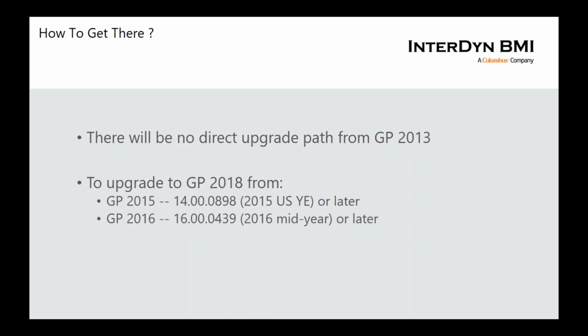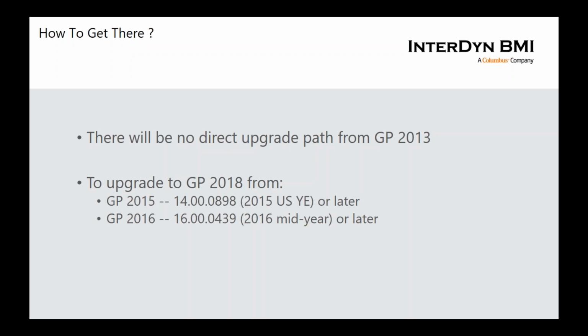It'll be the 2015 year-end update from last year, from 2016. And so that came out in December of 2016. You would have to be on that version or later to go directly to 18. If you're on GP 2016, it would be the July of 2016 update, so the mid-year update or later.